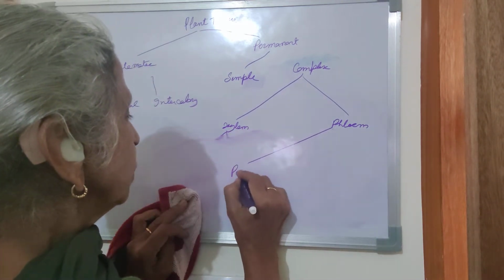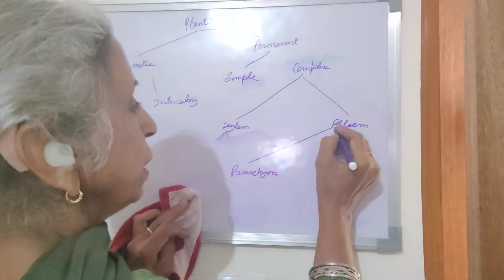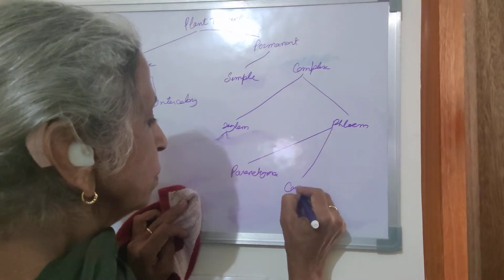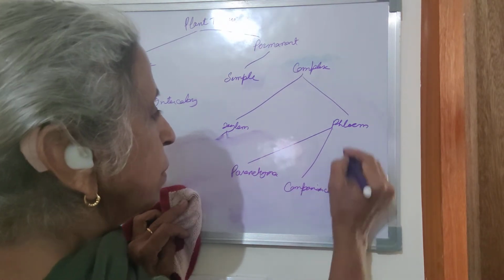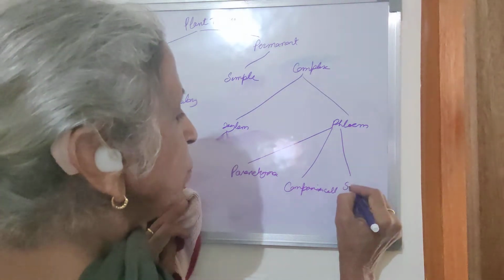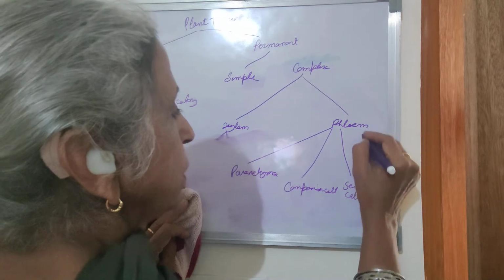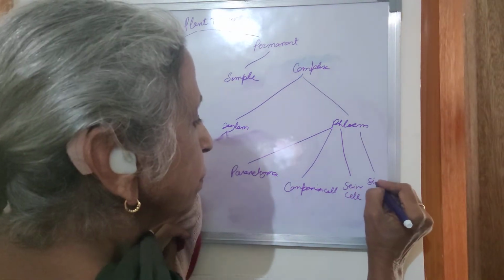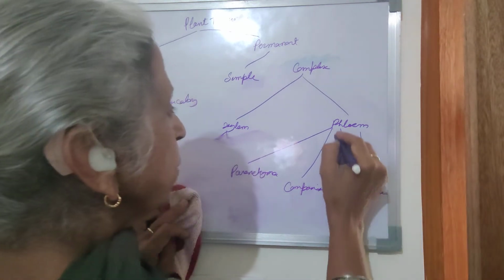Parenchyma, companion cell, sieve cell, sieve tubes, and fiber.